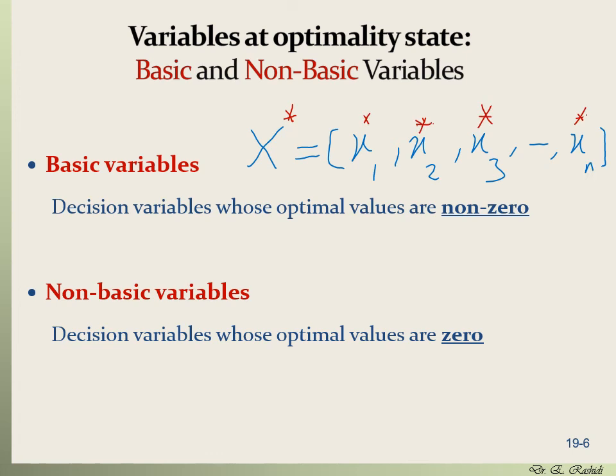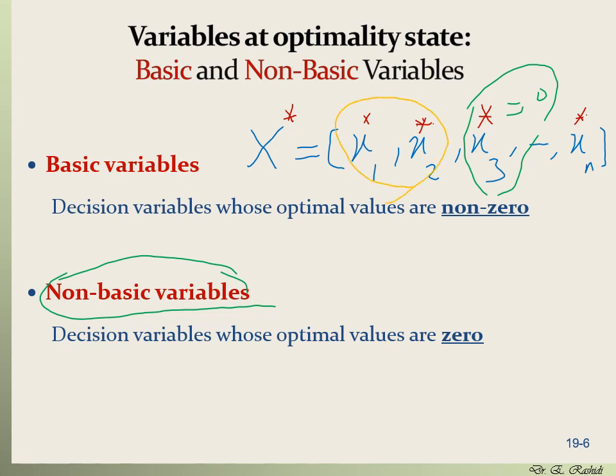Some of these variables might have a value of 0. Those whose value is 0, suppose that x3* is 0, are called non-basic variables. Those whose values are not 0, that means greater than 0, a positive value, are called basic variables.